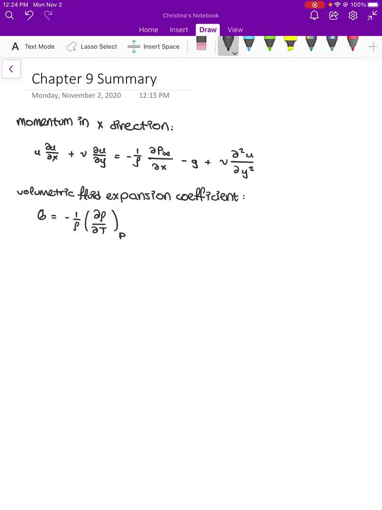In the case where density variations are due only to temperature variations, as is the case for this fluid with the vertical plate, we can define the property called the volumetric fluid expansion coefficient beta. And beta is equal to negative 1 over the density times the gradient of density with respect to temperature, and the subscript p means that this is considered at a constant pressure.